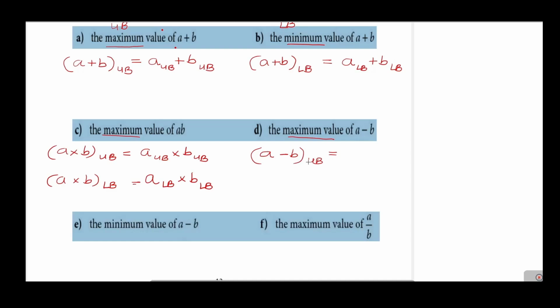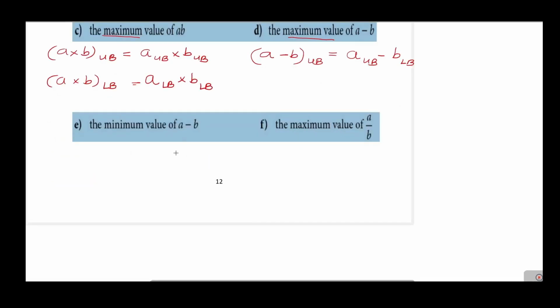If the question says A minus B upper bound, then if it is a subtraction, always start off with the upper bound of A and lower bound of B. So you have to change them. If the final answer has to be maximum, which is upper bound, then the starting measurement has to be upper bound, and then second one has to be lower bound. You have to change them if it is a subtraction.